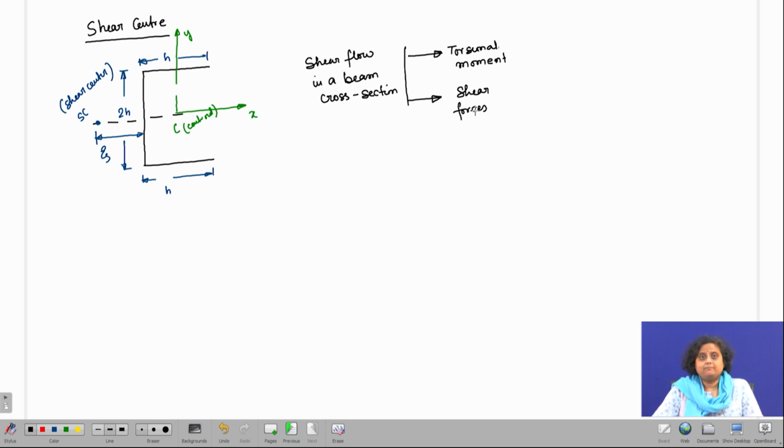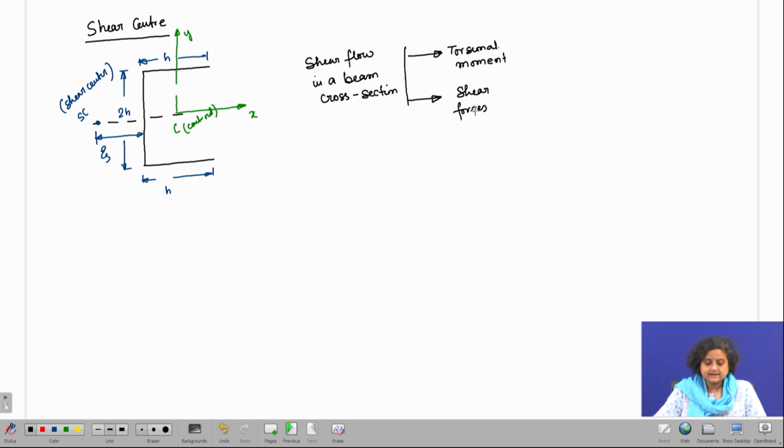Now, if we apply a shear force Sx and Sy, the shear force is also going to produce a torsional moment about the cross section.